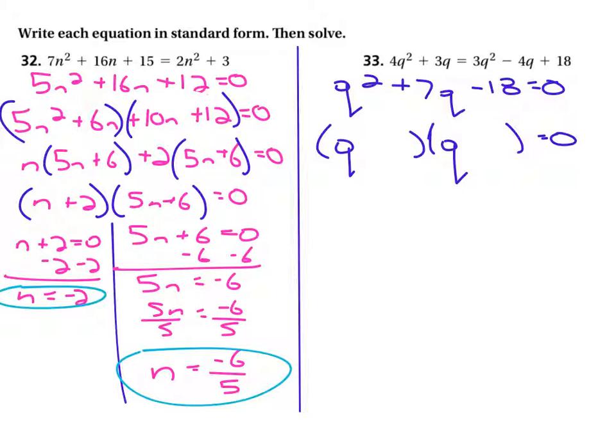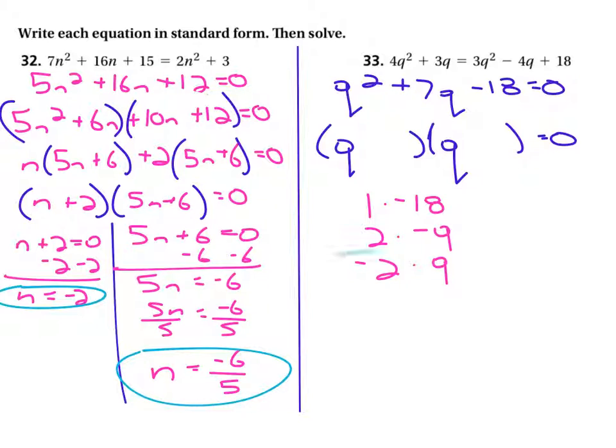And what do we get there? Well, we have negative 18 at the end, so we've got to list out what we get for negative 18. We've got, let's see, 1 times negative 18. Nope, that's negative 17, or 17 if we switch the signs. 2 times negative 9. Oh, that adds up to negative 7. So we want a 7, just a positive 7. So I'm going to switch the sign but keep those numbers like that.